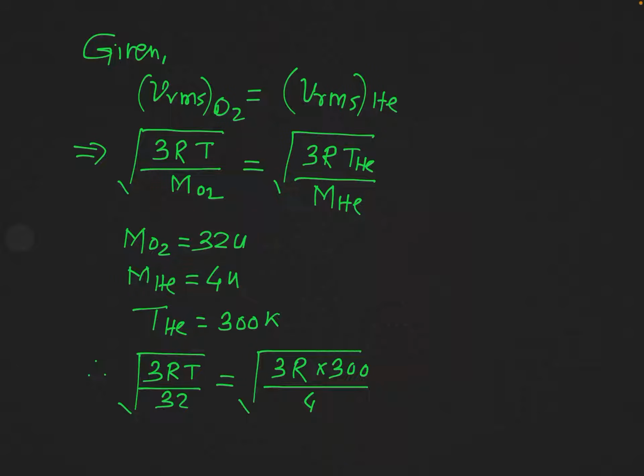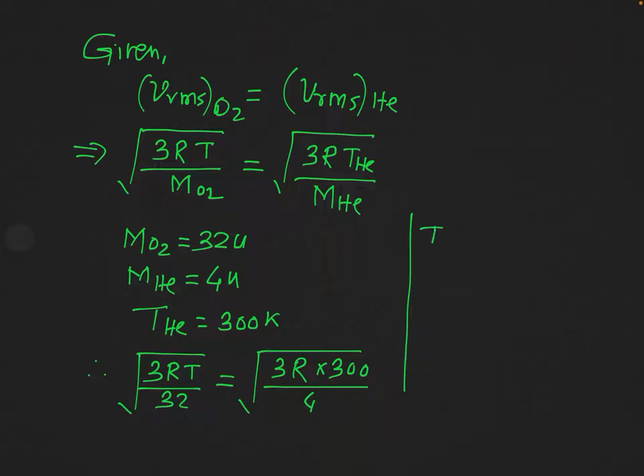Now you can easily simplify. This 3R factor is common on both sides, so that will cancel out, and to get the value of this T, you may square both sides of the expression.